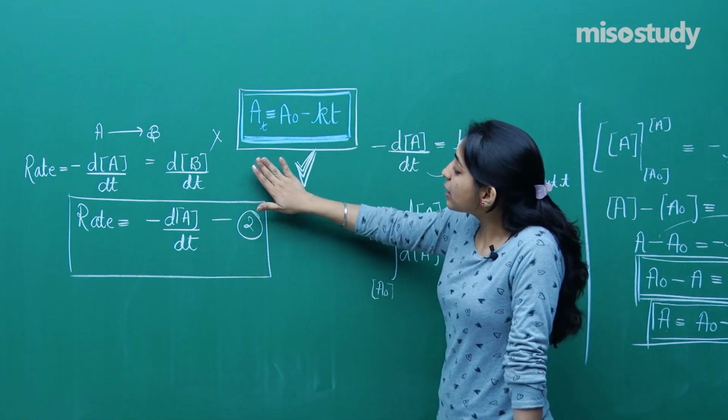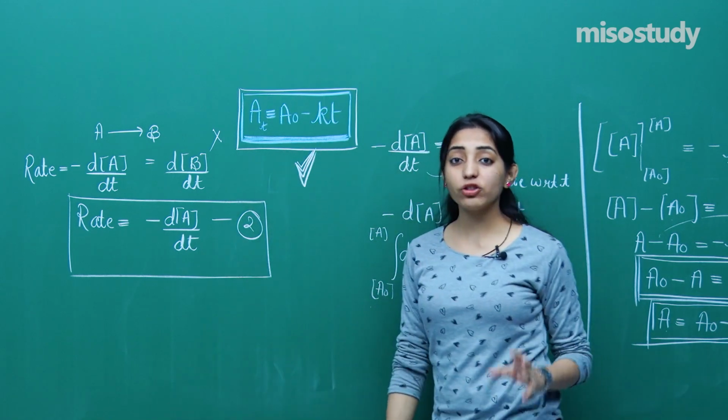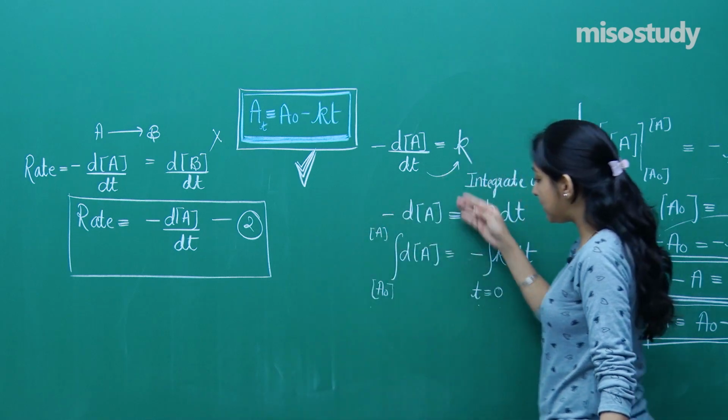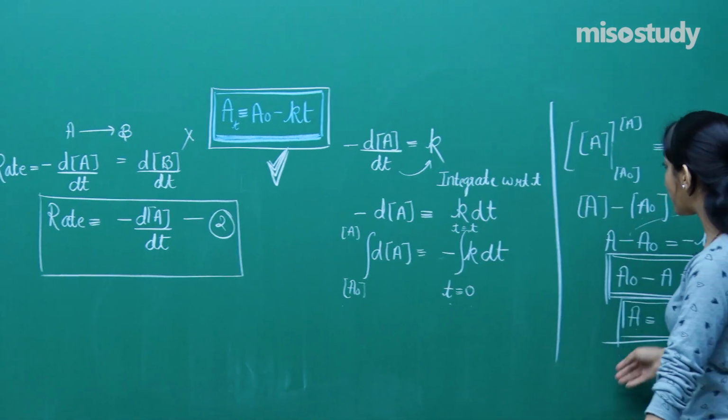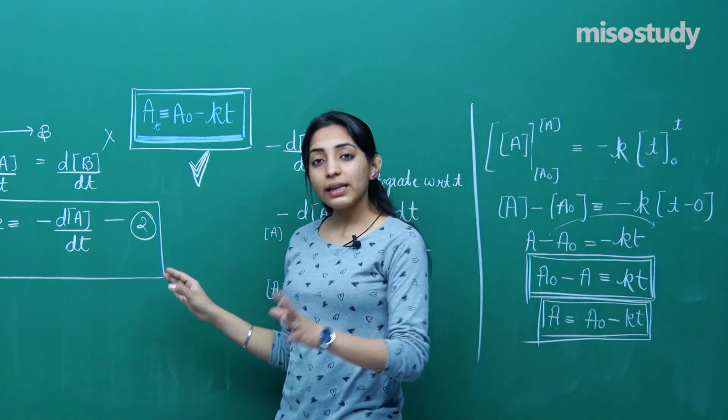So see, this particular expression that I had written on the board is actually formed out of integral. So you have done this integral here, right? This integration part has been done here. And now see, why is this known as a rate law expression?